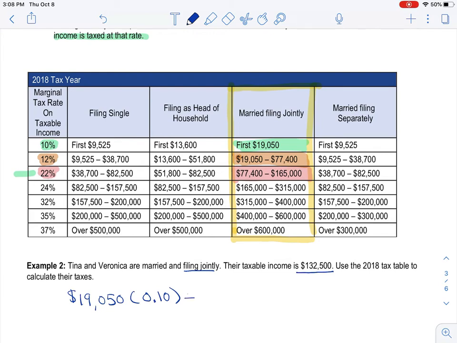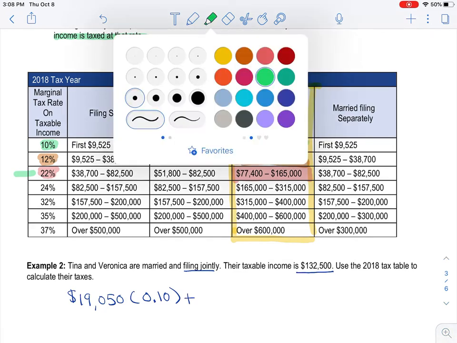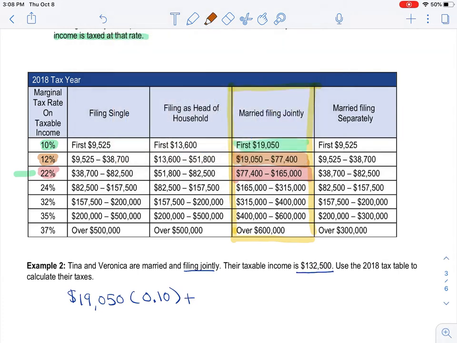And then I'm going to add, well, now I'm looking right here. Okay, so between $19,050 and $77,400, they are taxed at 12%.